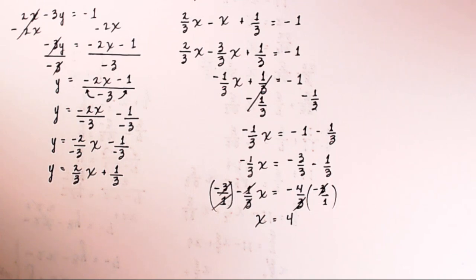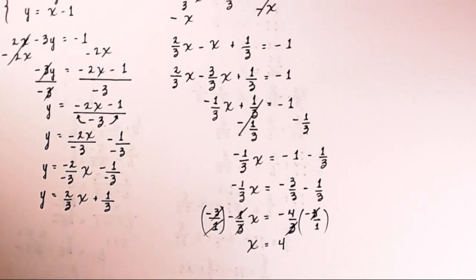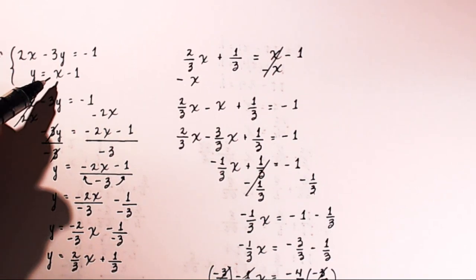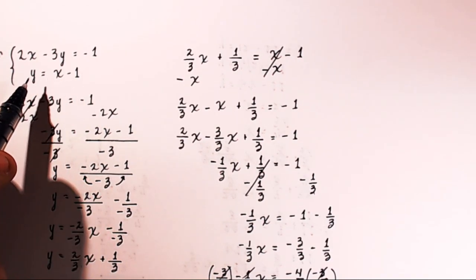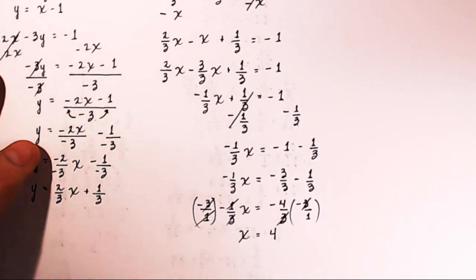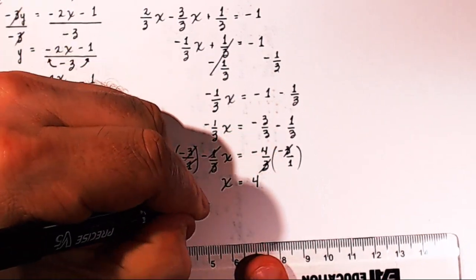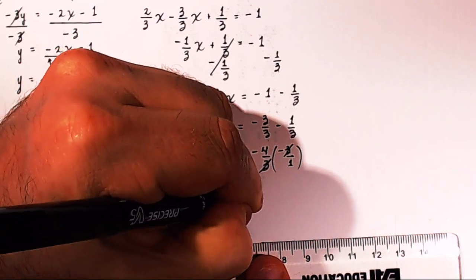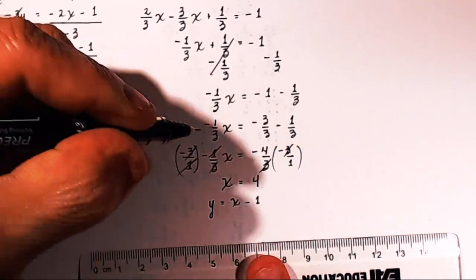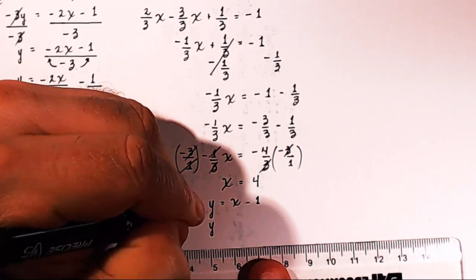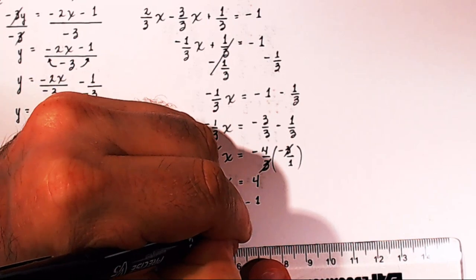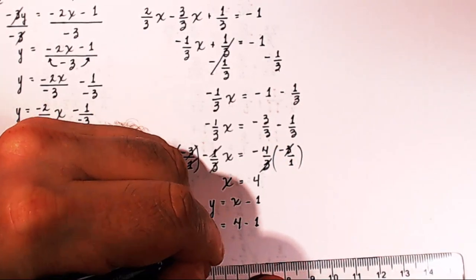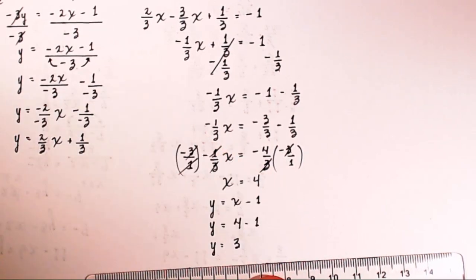So x equals 4. Well, now that I know that x equals 4, I can just plug that back into my easier equation, y equals x minus 1. Let's go down here and write y equals x minus 1. Plug in the 4, so y equals 4 minus 1. Therefore, y equals 3.